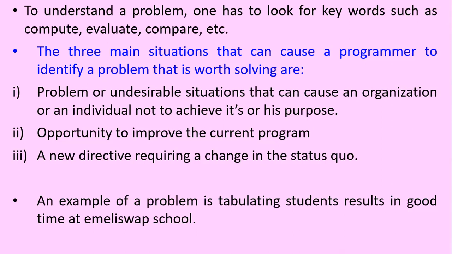What I want to illustrate using this example is that if you realize that in a certain institution, the trainers or the teachers are not able to produce students' results on time so that the students can get those results and go home with them as soon as they have done the exam, then existence of such a situation can be an indicator that there is a problem that needs to be solved or automated using a program and more so using a computer.